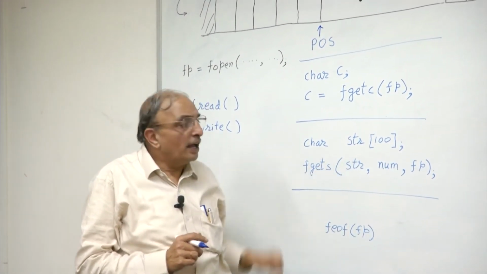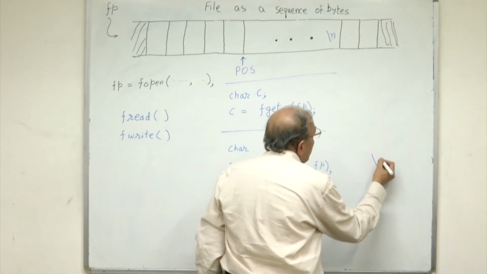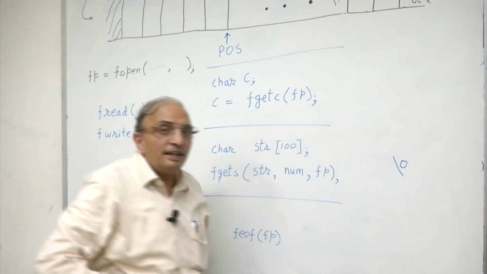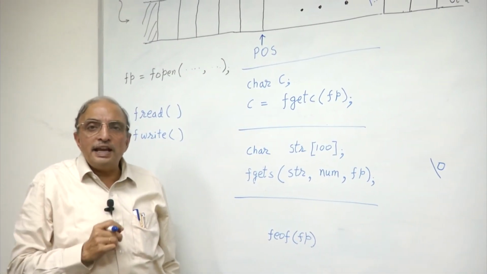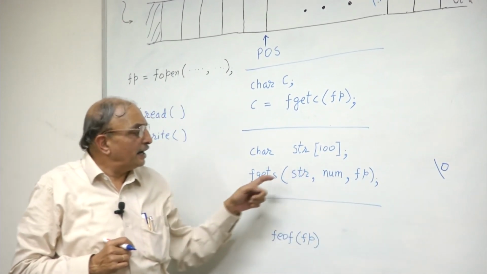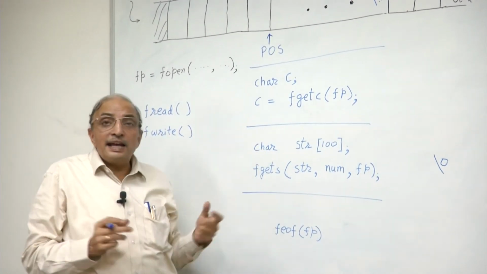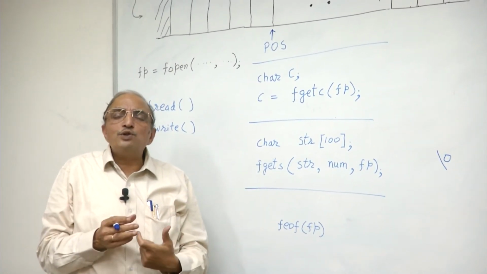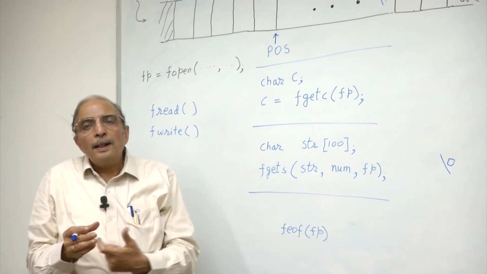What gets also does is that after reading so many characters from the file and putting them in the string, it automatically inserts a \0 character. Remember, the null character is a natural indicator of end of string in C++. So, this null character is automatically inserted by fgets. So, to recapitulate, fgets can read a string exactly like you would read a string using the gets function.